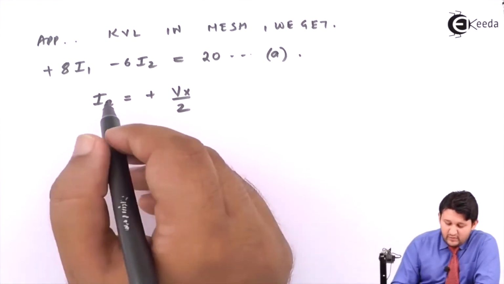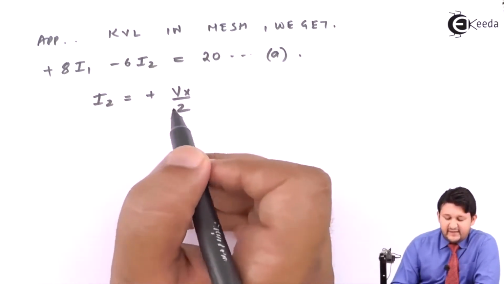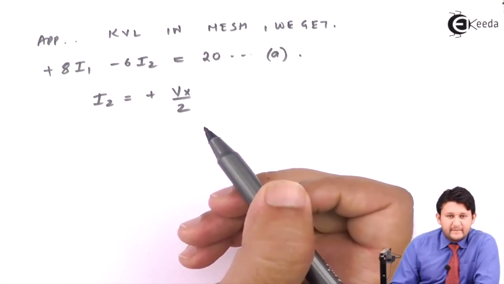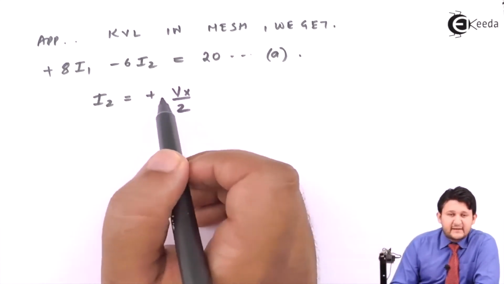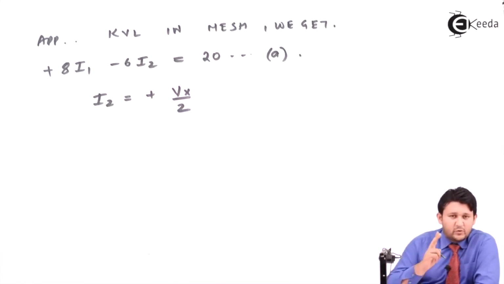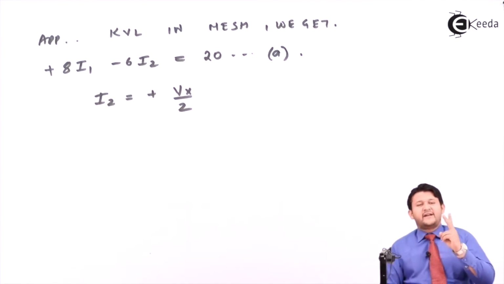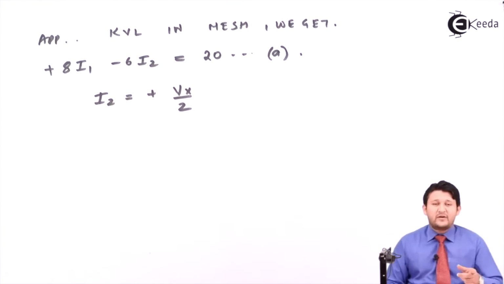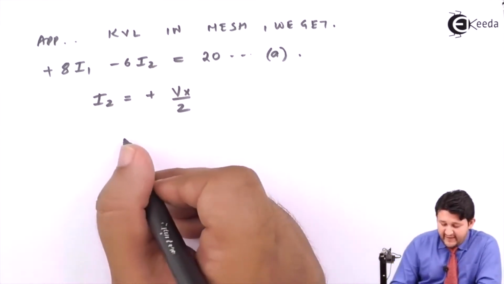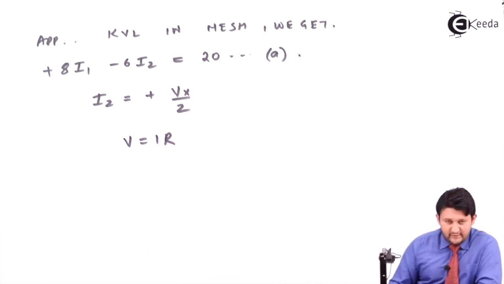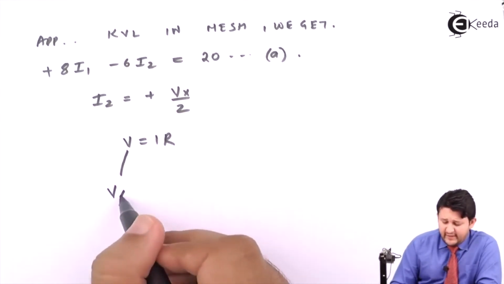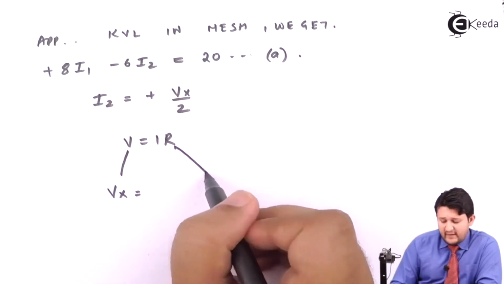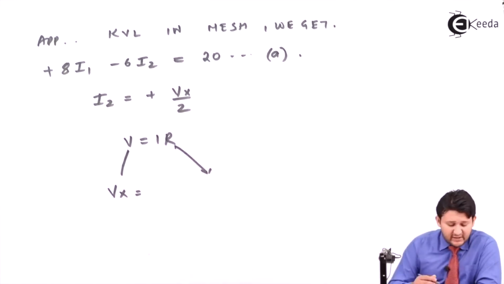So you got the relation of I2 and Vx. Let's observe what Vx depends on. Because there are 2 unknowns, my dear friend, I1 and I2, there has to be an equation for Vx. So have a look at where Vx is dependent. For finding the Vx equation, you have to use Ohm's law. V is equal to I times R. For V, you write Vx. Vx is across which resistance, my dear friend?